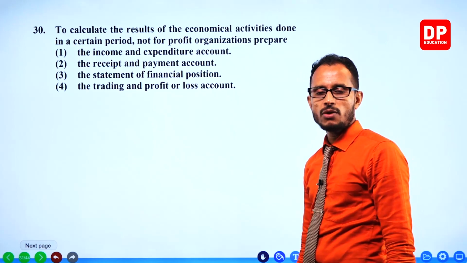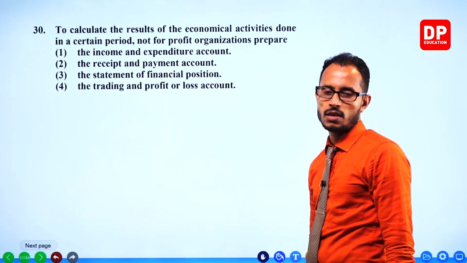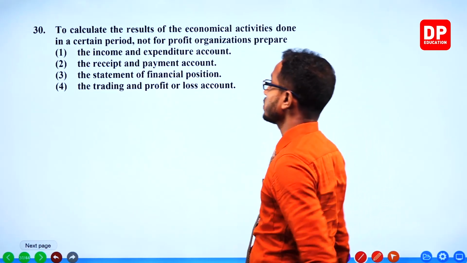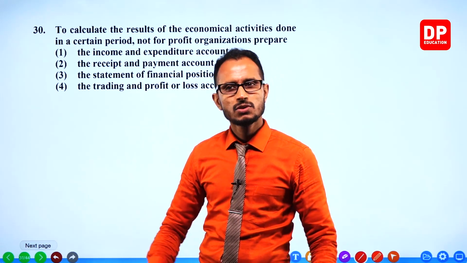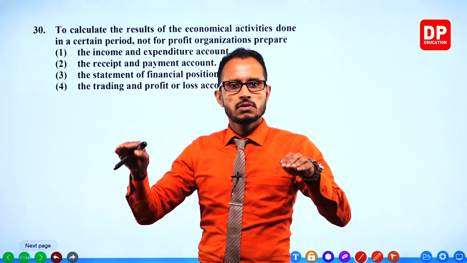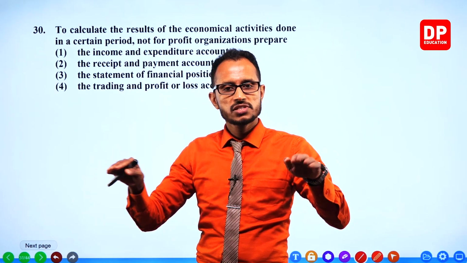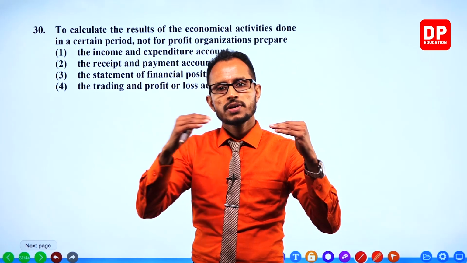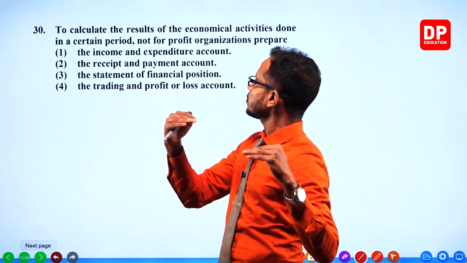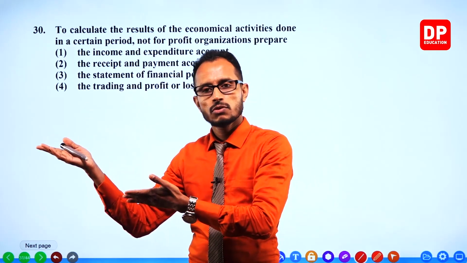They are talking about the profit or loss. Operational results, these are like synonyms. You can say operational results, or result of economical activities, or you can say profit or loss.